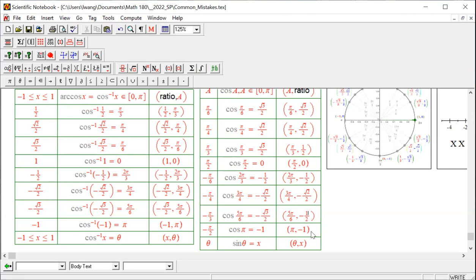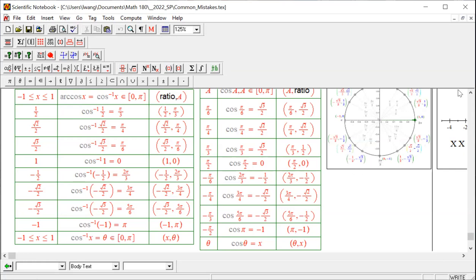Cosine pi equals negative 1. That's correct. And here, of course, we have to write it down as a cosine. But this theta is between 0 and pi, which is the range of cosine.